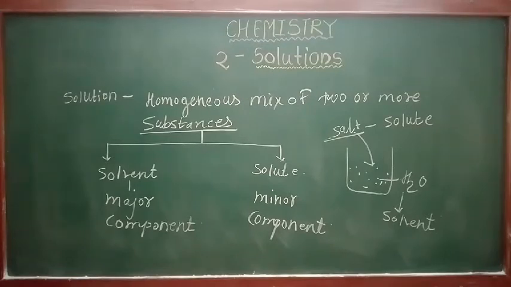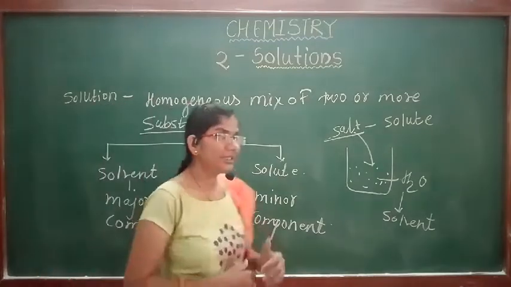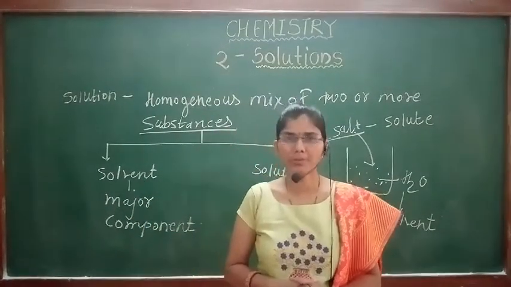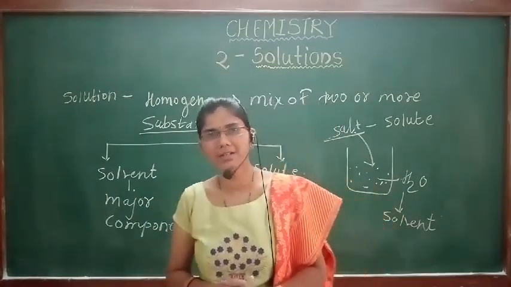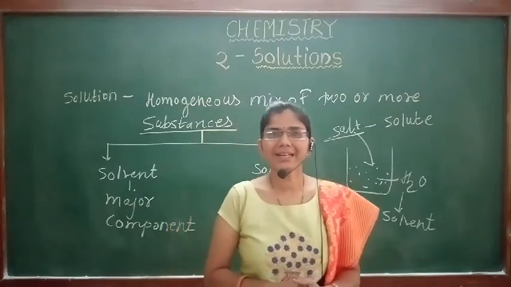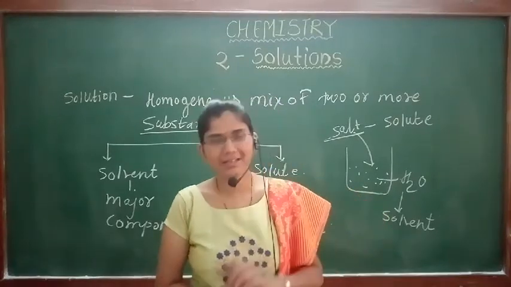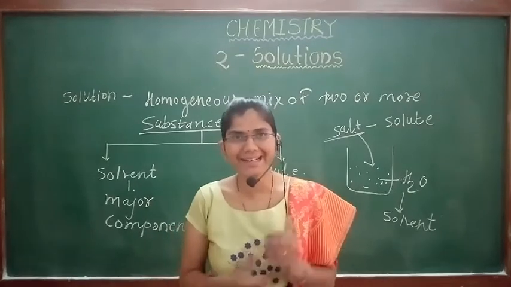Therefore, when the solution is formed from the solute and solvent, the interaction of the solvent and the solute to form aggregation is called solvation. That means when a solution is formed from the solute and the solvent, there must be an interaction between the solute and solvent to form an aggregate.